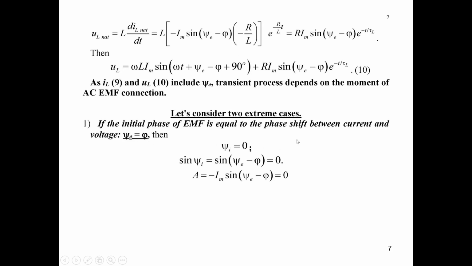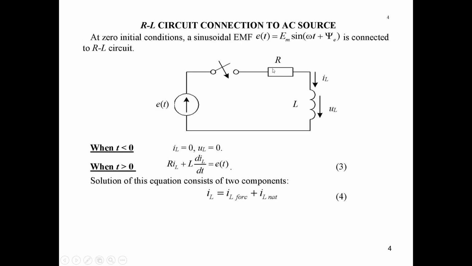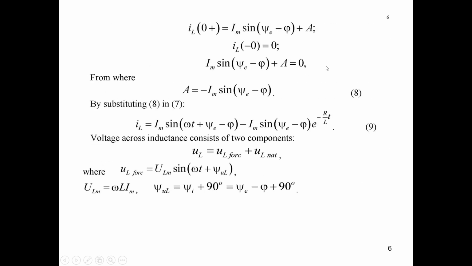Phi is determined only by parameters of RL branch, and it's equal to the arctangent of omega L over R. You see, it will depend, of course, on the frequency, but now we consider only power frequency 50 Hertz.